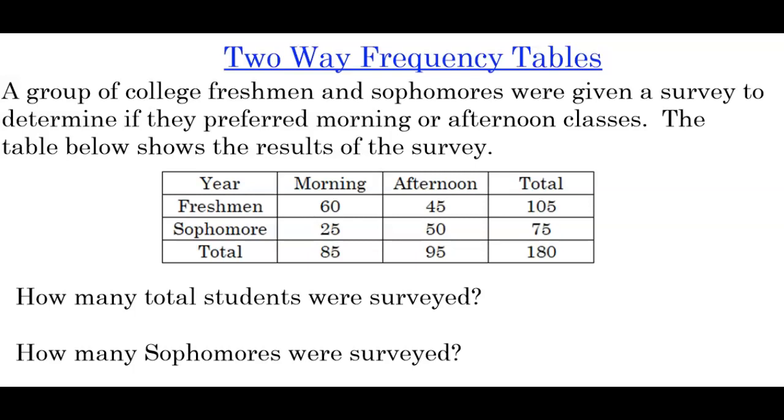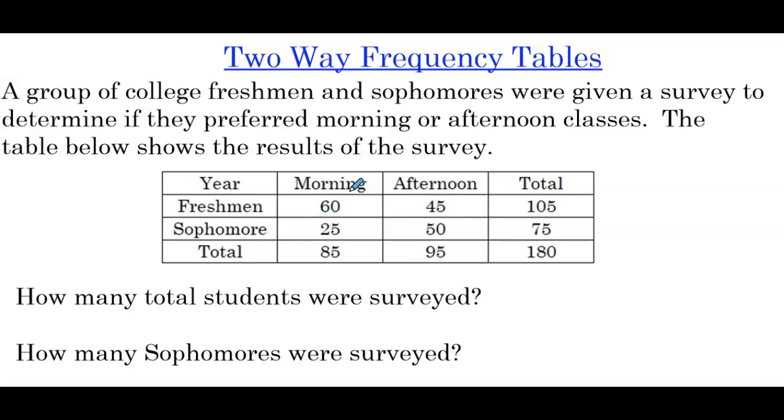So our first example, a group of college freshmen and sophomores were given a survey to determine if they preferred morning or afternoon classes. The table below shows the results of the survey. Okay, so this is an example of a two-way frequency table. Along the side, we have the year that the student's in, so either freshman or sophomore.